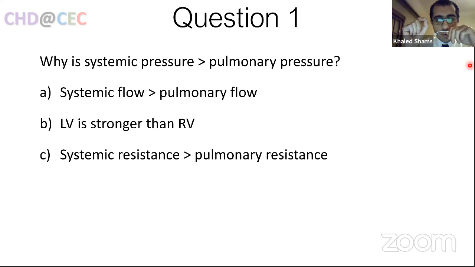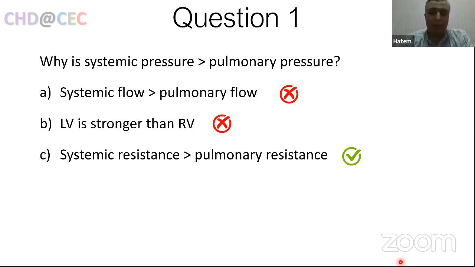So the answer will be C. The systemic resistance is the key point of the equation. The systemic resistance is larger than the pulmonary resistance, and that's why the LV needs to generate a greater pressure than the RV, so that both circulations flow smoothly in series.